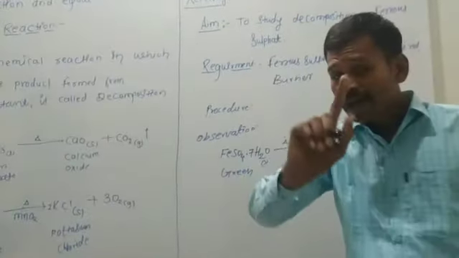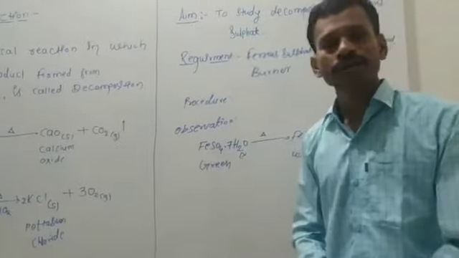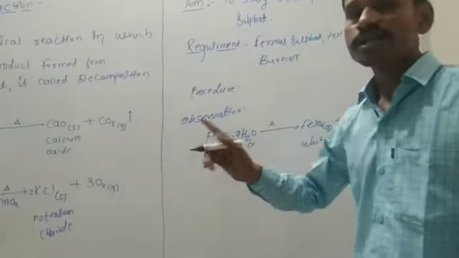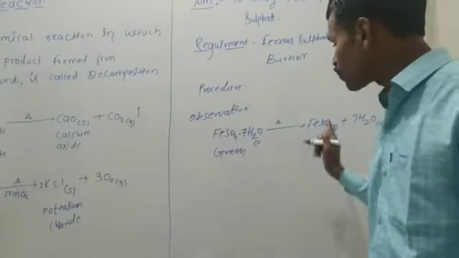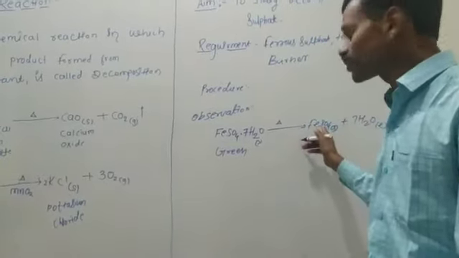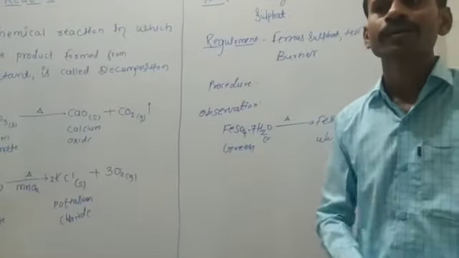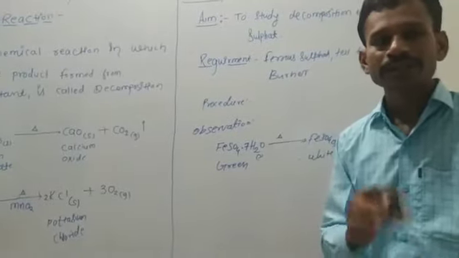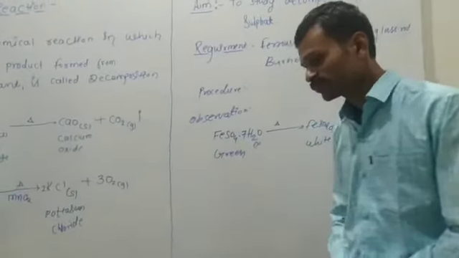So this is the decomposition reaction, student. Why is it a decomposition reaction? Because from a single reactant, two products are formed. One is the white ferrous sulfate and the second one is water. That's why this type of reaction is a decomposition reaction.